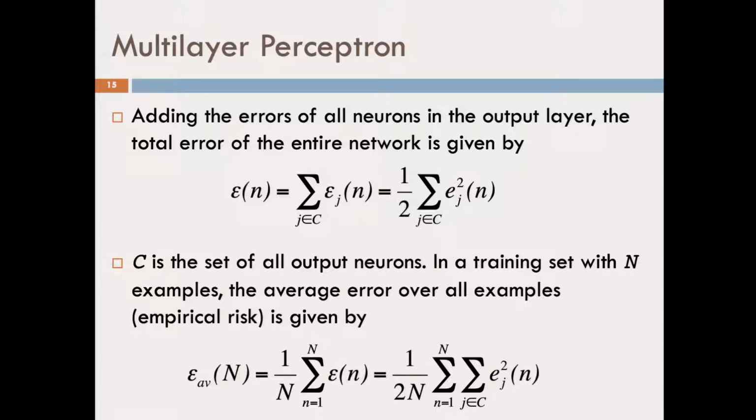But the theorem doesn't say anything about training time and number of neurons. It considers that you can have an infinite number of neurons, but of course, you can never have an infinite number of neurons. So what we do is to train the neural network until an acceptable minimum error.